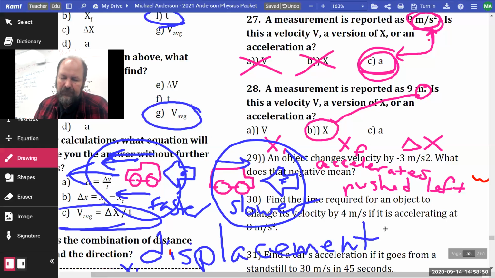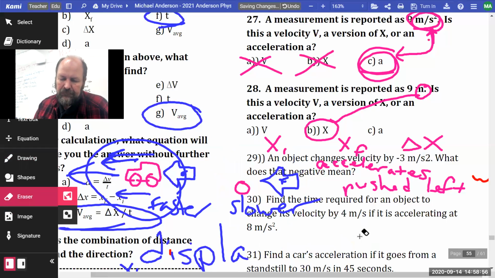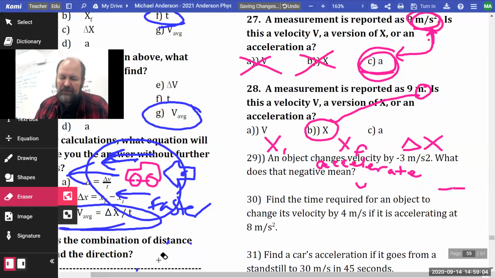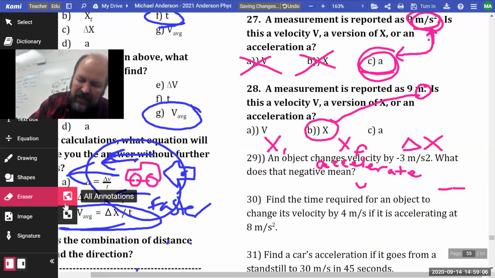Okay. Now, number 30. Find the time required for an object to change its velocity by 4 if it's accelerating by 8 meters per second squared. I'm running out of time here, so I gotta do this fast. I'm gonna jump right to the equation. We are looking for time, so the t is our unknown.